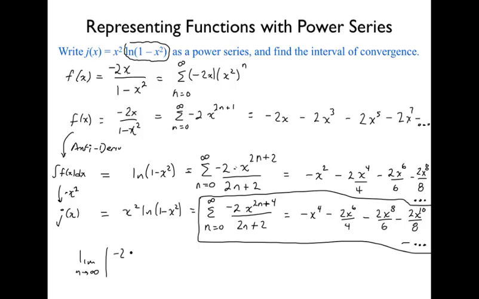-2 x to the 2n plus 1 plus 4 over 2n plus 1 plus 2, times 2n plus 2 over -2 x to the 2n plus 4.